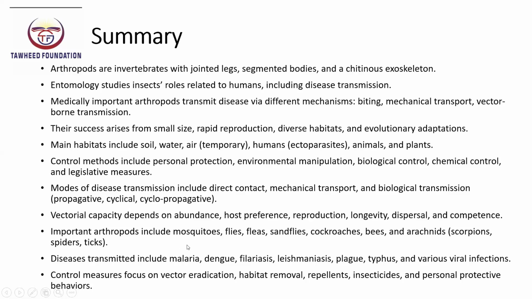Important arthropods include mosquitoes, flies and fleas, sandflies, cockroaches, bees, and arachnids, which are scorpions, spiders, and ticks. Diseases transmitted include malaria, dengue, filariasis, leishmaniasis, plague, typhus, and various viral infections. Control measures focus on vector eradication, habitat removal, repellents, insecticides, and personal protective behaviors.